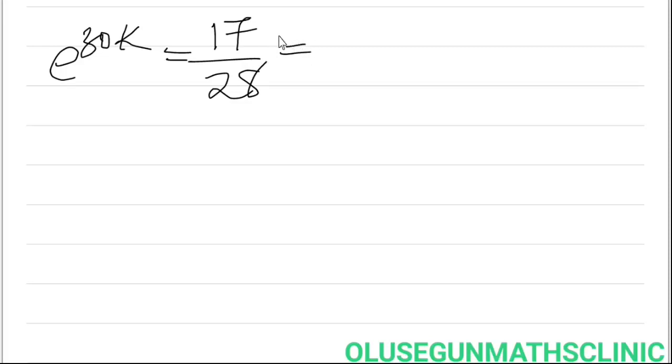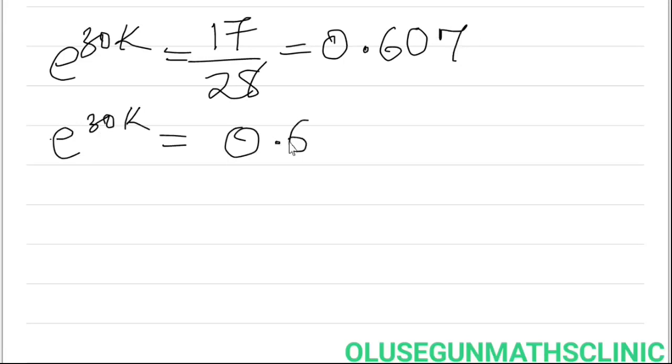Let me press the calculator: 17 divided by 28 gives us 0.607. So e^(30k) is equal to 0.607.